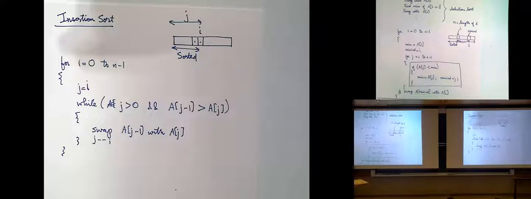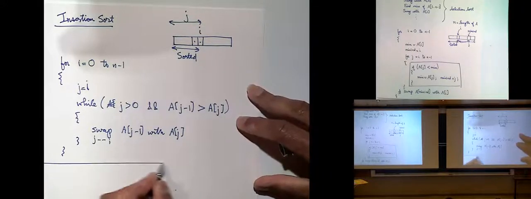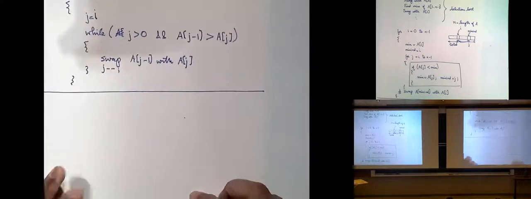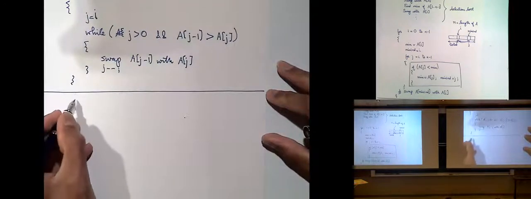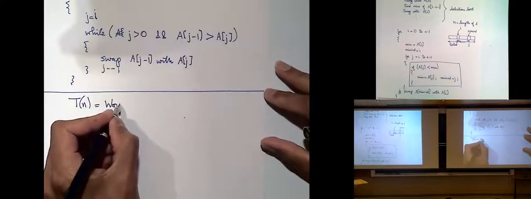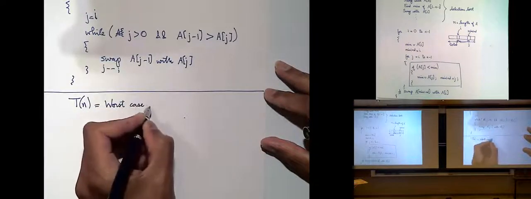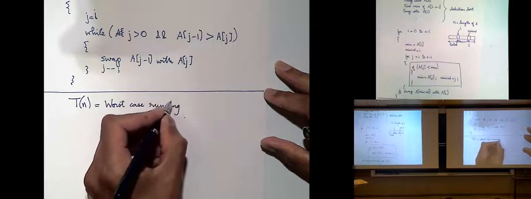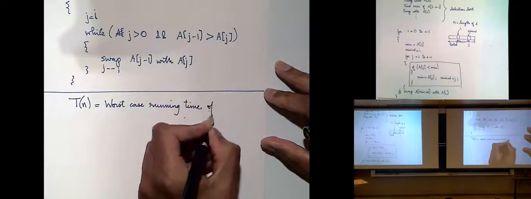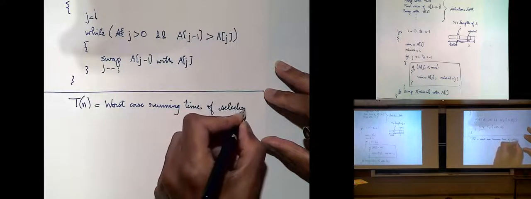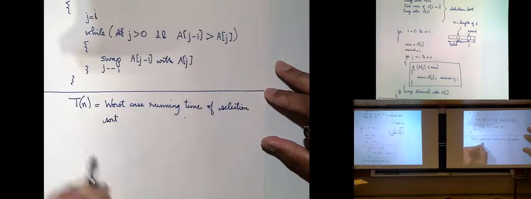And the big-O notation can be used to try to compare them to each other or with respect to a benchmark. All right. So let's say T of n is the worst case running time of selection sort.